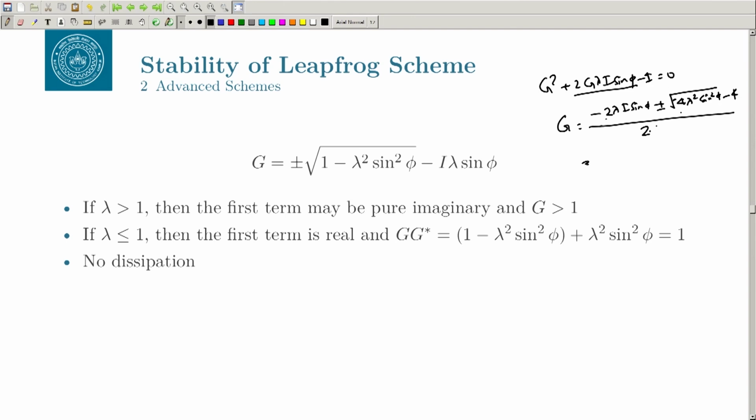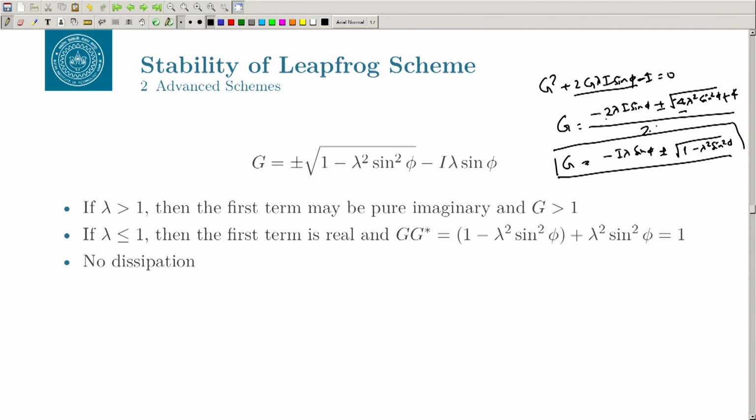You can take 2 out, so that will become G = -lambda I sin phi plus minus the square root of 1 - lambda^2 sin^2 phi, because there is a minus sign here. So, this is the value of G.